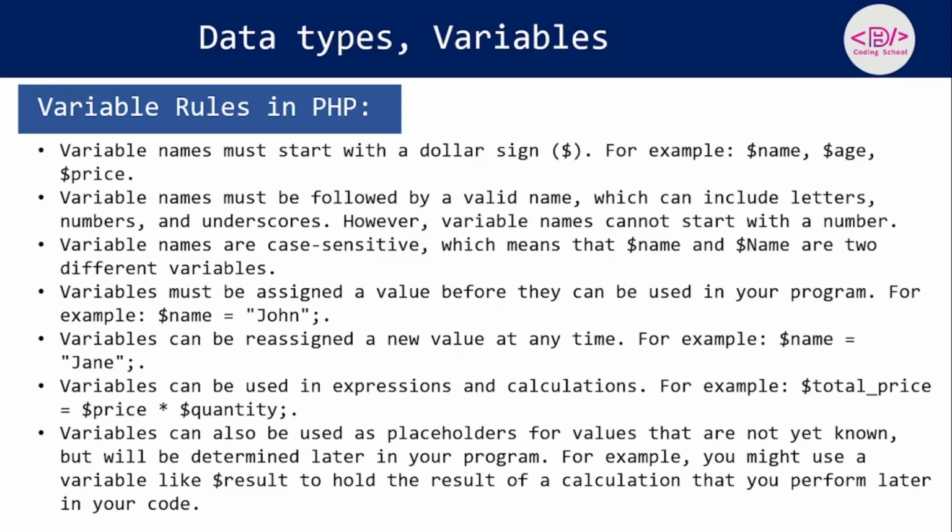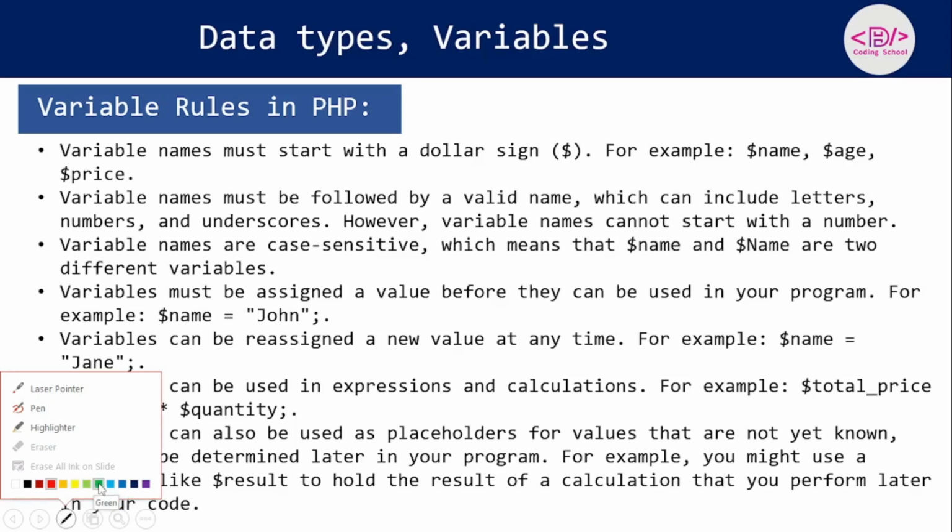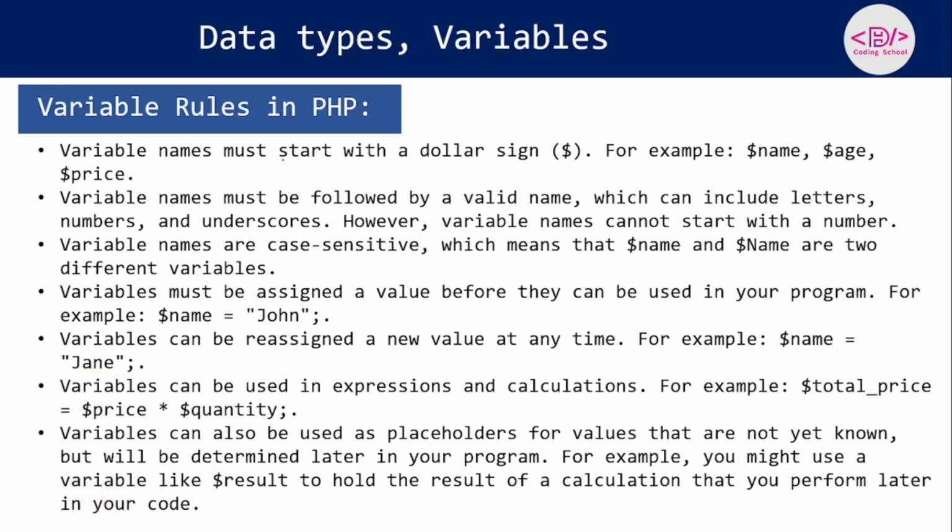That is the first one and the ultimate one of all. There is no way you can run it without putting a $ sign. A $ sign is so paramount that if you don't put it, it does not become a variable in any way. So you can create name, age, price. You see, we are putting the $ sign on them.